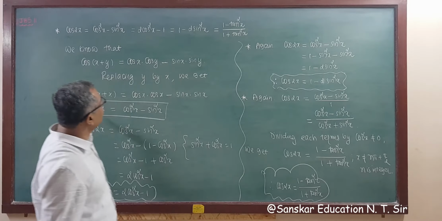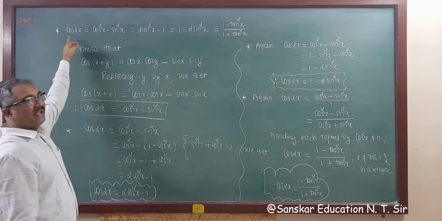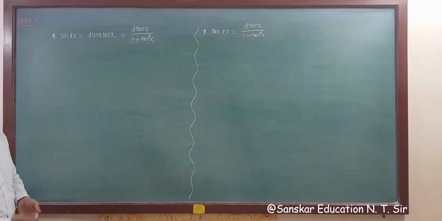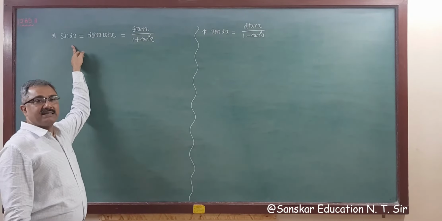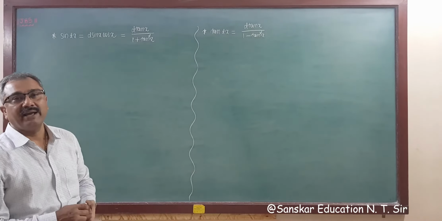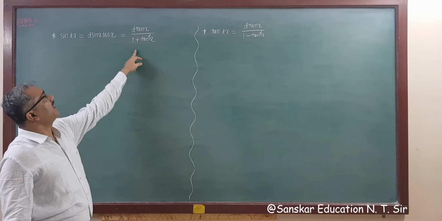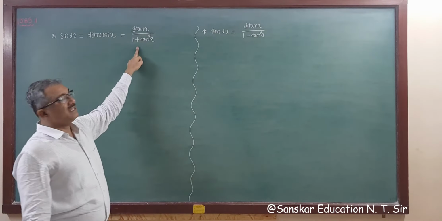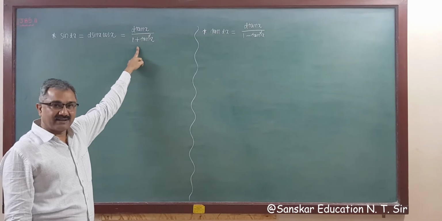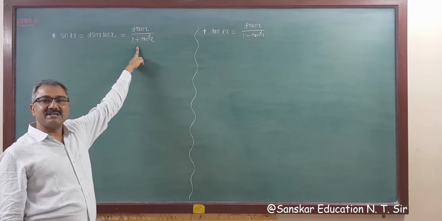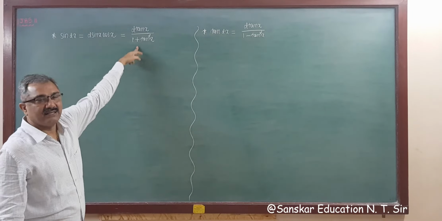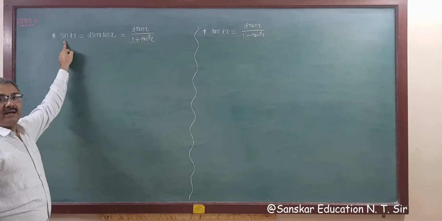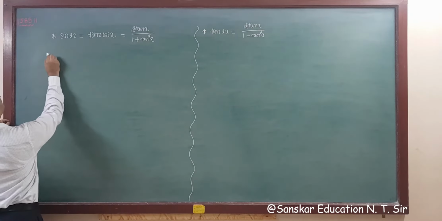Now we can see the formula for sine twice x. The formula for sine twice x is 2 sine x cos x, and in terms of tan, 2 tan x upon 1 plus tan square x. That is 2t upon 1 plus t square, where t is tan x. So now this is sine twice x we have to prove.